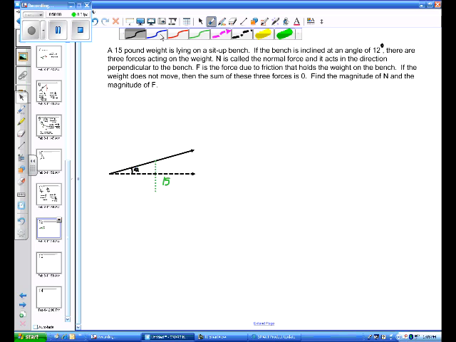Okay, then we have a normal and we have the friction. The normal, it said, is perpendicular to the bench. So it's going off perpendicular to the bench, and that would be N. So this would be a right angle.